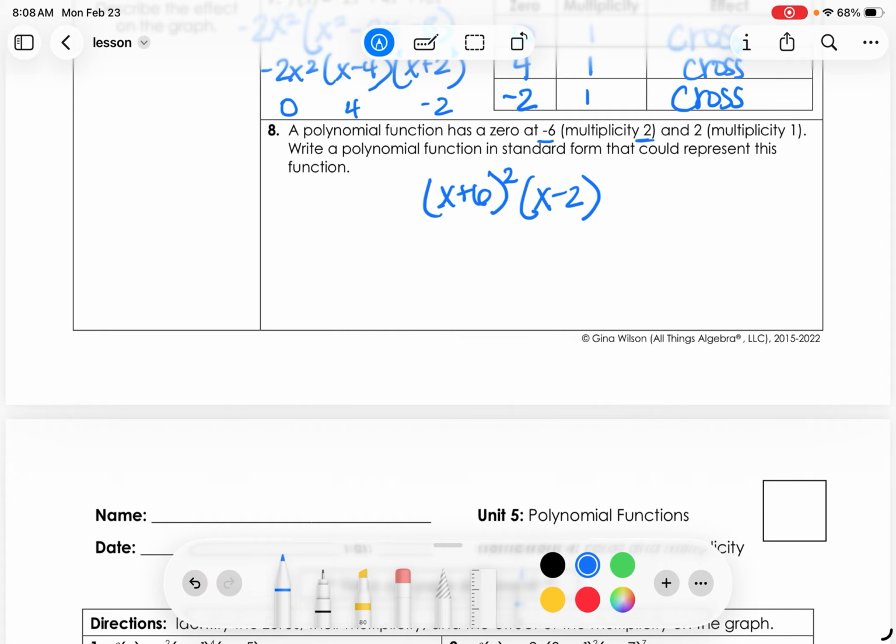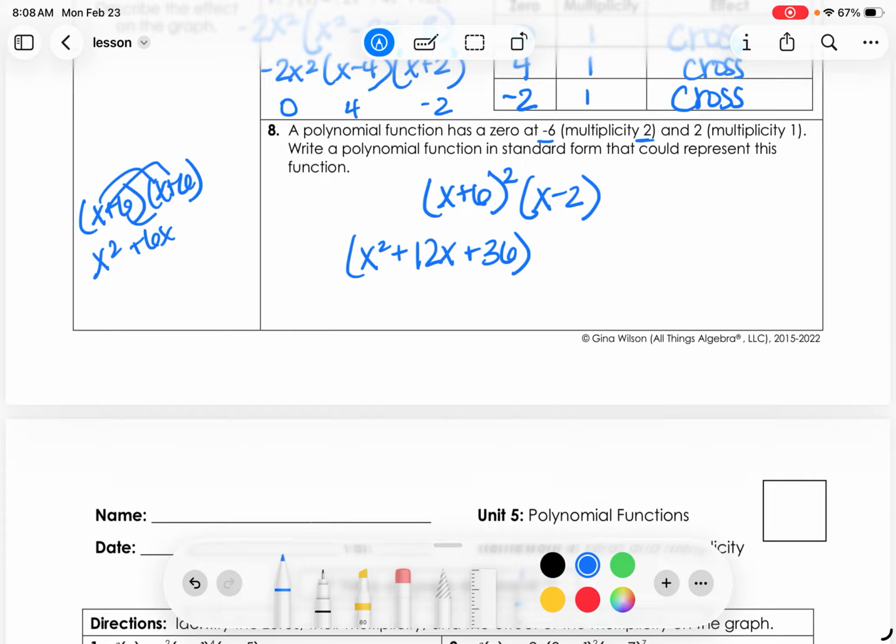So x plus 6 squared is going to be x squared plus 12x. I can do this in my head. You may actually need to write it out and see it, okay? X squared plus 6x plus 6x plus 36. So that gives us x squared plus 12x plus 36.